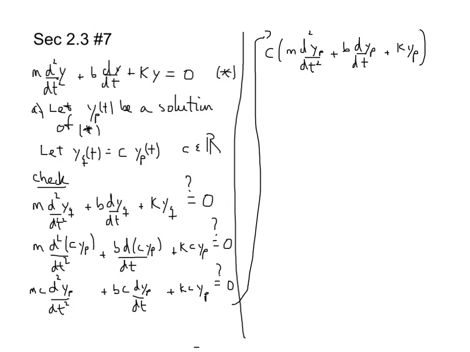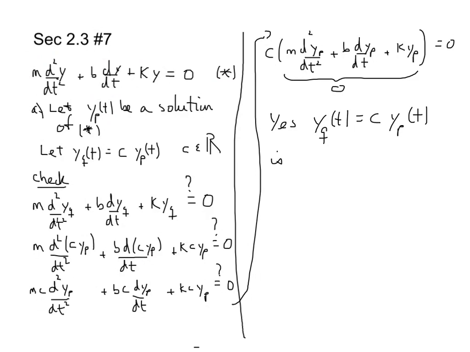And I know from the fact that y sub p is a solution that if I were to plug in y sub p here, these terms would add up to be 0. And so I know, using y sub p, that this expression must be 0. And so therefore, c times 0 is 0, and I have shown that yes, y sub q, which is some constant multiple of y sub p, is also a solution.